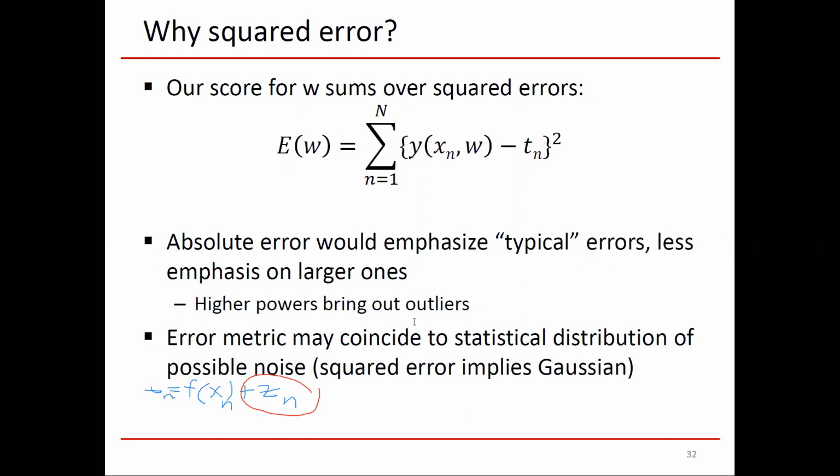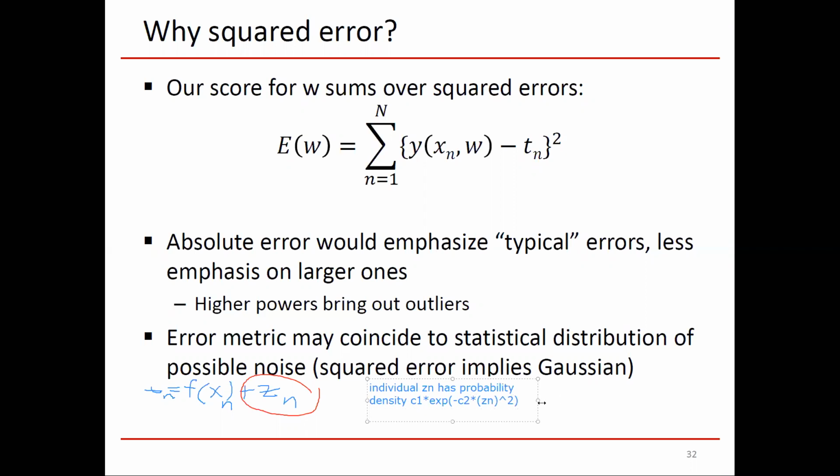An individual zn has probability density constant number 1 times exponent of minus the square of zn, and we have inside the exponent constant number 2.